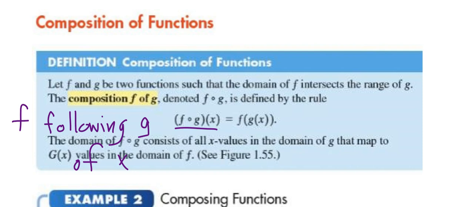I am much more a fan of the other notation, but the notation on the left is seen and is used by AP Calculus, so we are going to see it and use it. However, I like the other notation, F of G of X. The reason I like the notation on the right is because it deals with parentheses.